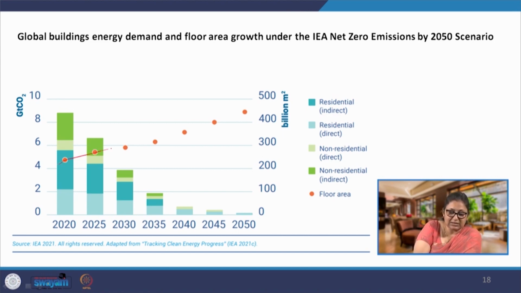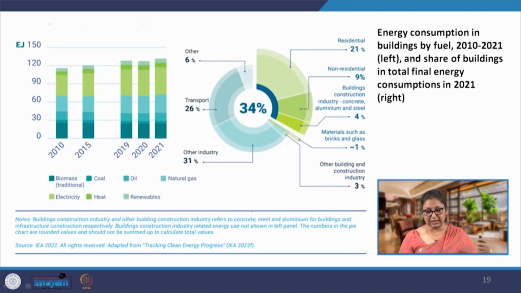So, we are seeing not a very steep slope, but a gradually increasing slope of floor area, but with the help of efficient materials and technology and also the use, the intent is to bring down the intensity, the energy demand of the buildings. This will be the most ideal scenario if we really want to achieve net zero emissions by 2050. For that, we will have to bring down the energy consumption and emissions from the buildings significantly.